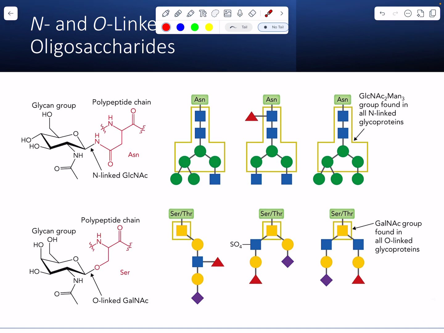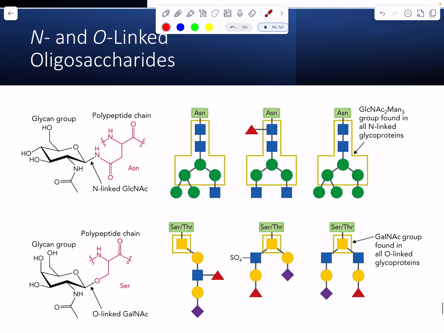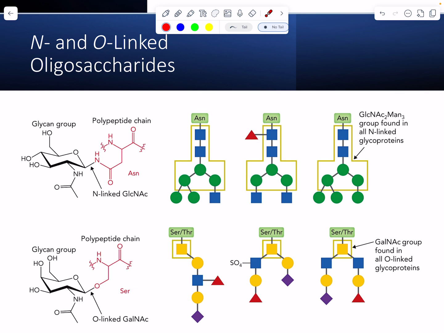N- and O-linked oligosaccharides: we're just going to talk about this for a second before we talk about blood grouping, which is our last topic. The N- and O-linked oligosaccharides are just whether you're linking to a hydroxyl group, like you would on a serine, or you're making an amide bond, like you would to an asparagine.